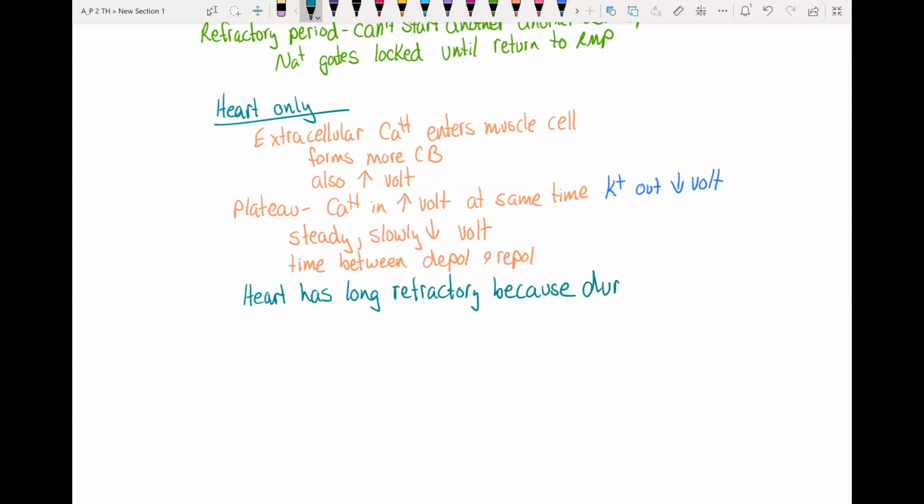Because during plateau, you have calcium in at the same time as potassium out, and they cancel each other out.